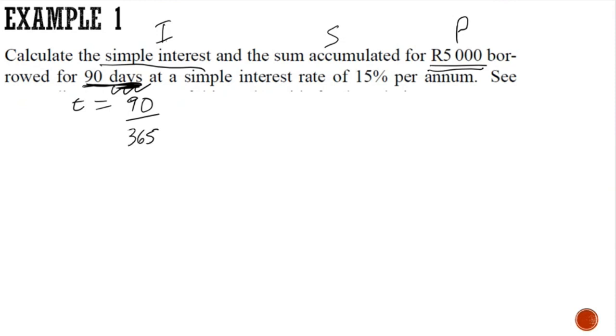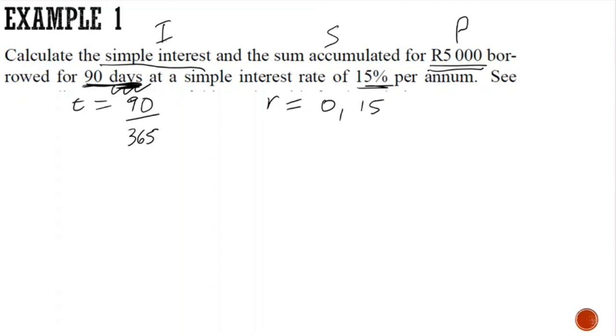Then you are told the simple interest rate. Sometimes it's R or sometimes it's I. So this is 15%. So this will be 0.15. What you do, you take your 15 and divide it by 100.